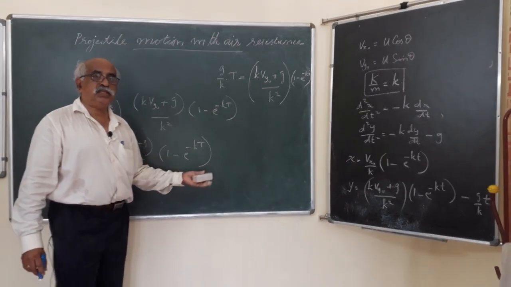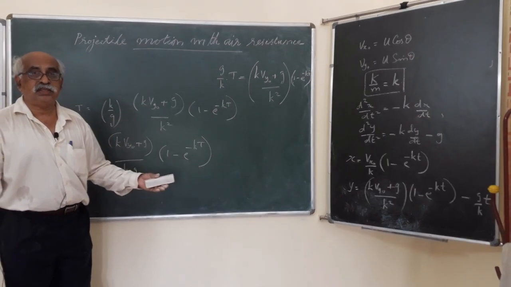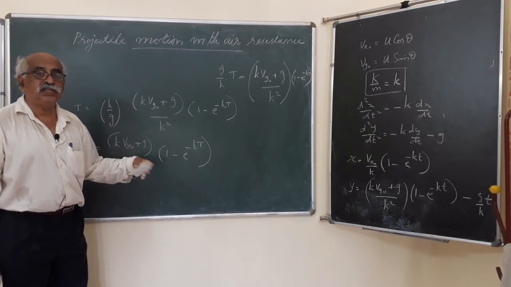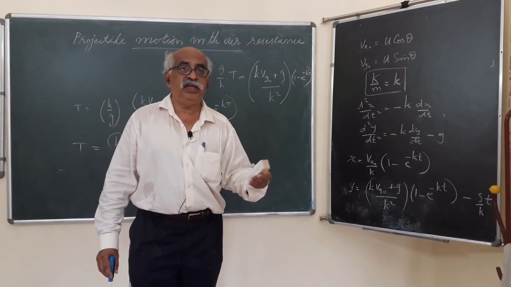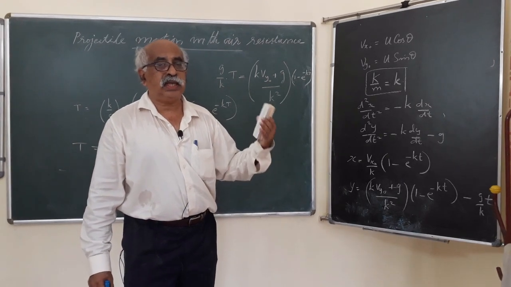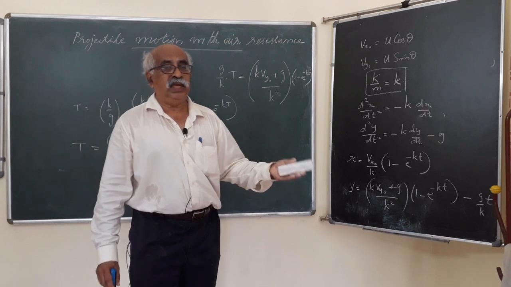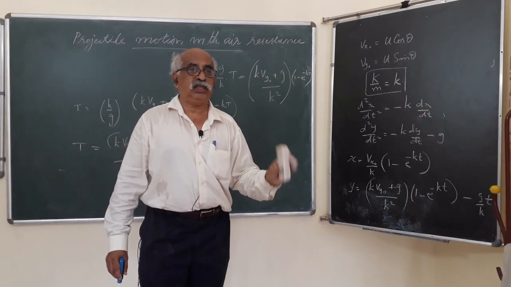When such two differential equations are set up, further simplification is effected by dividing each of them by m, and we get the constant capital K divided by m. That is replaced with a small k.